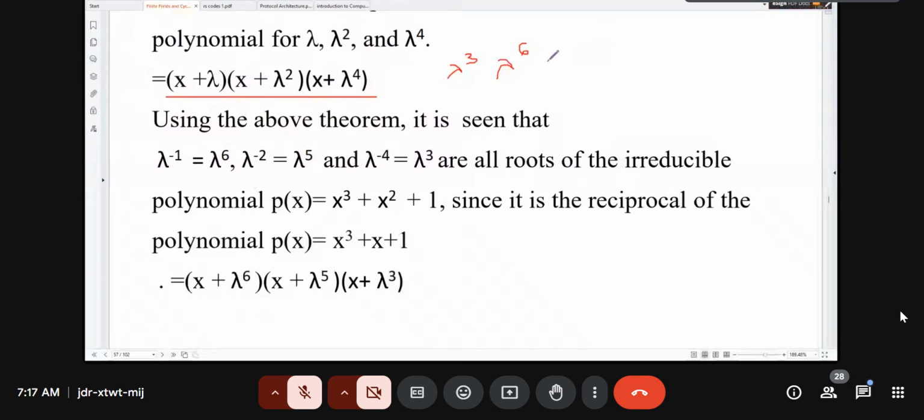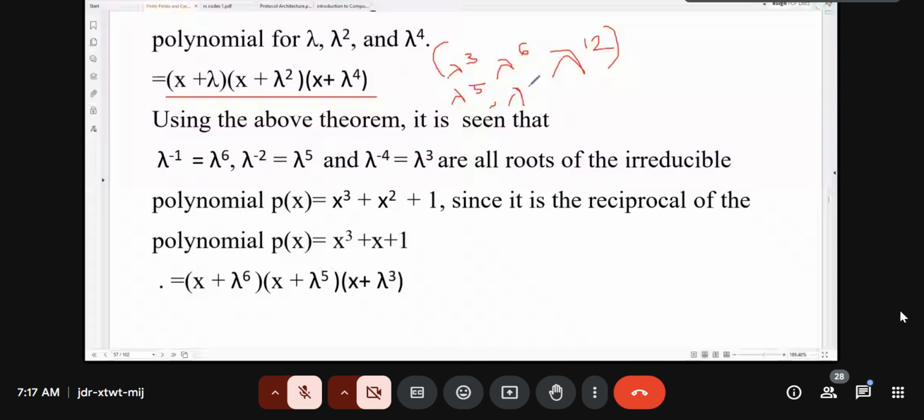We might find that we need more as we try to get all the field elements. So the next one is lambda to the 5. Lambda to the 5 is not there. You have now up to 4, lambda to the 5, and that will give us the other conjugate, lambda to the 10.